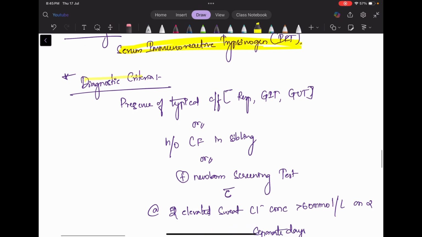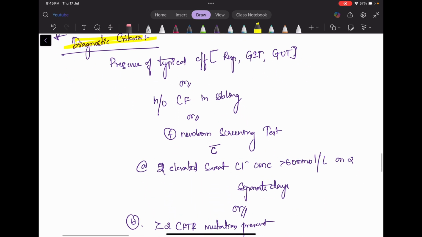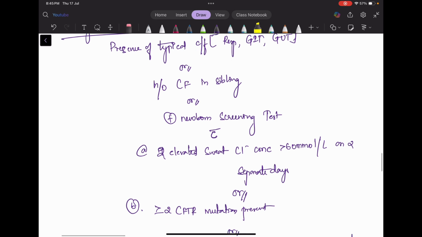Then we did the diagnostic criteria. Take a snapshot of this portion, and if you are preparing for exams, take a printout and paste it around the places where you roam, so that you can read it again and again.